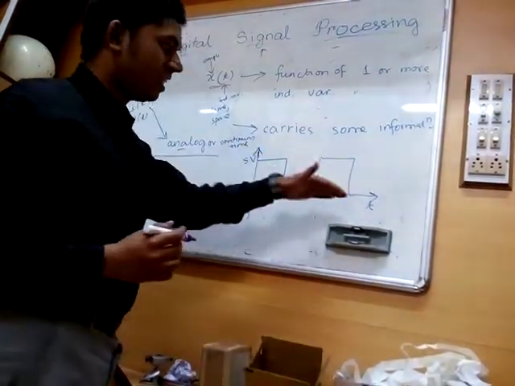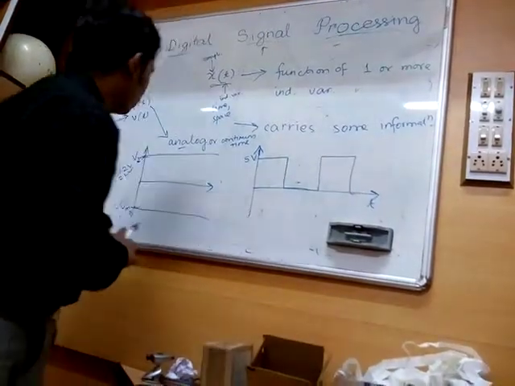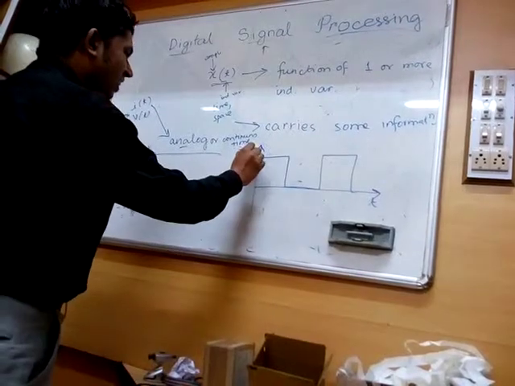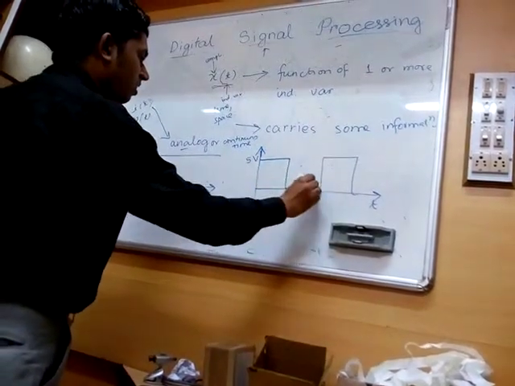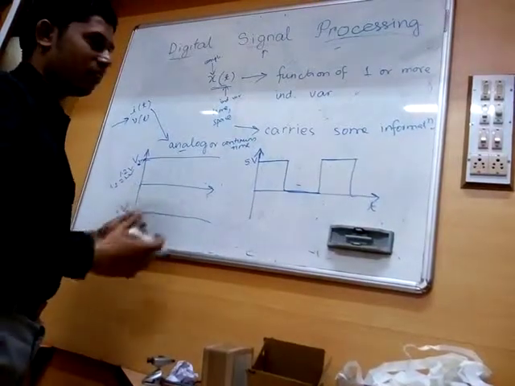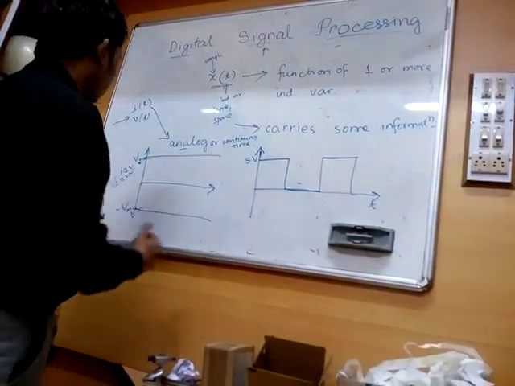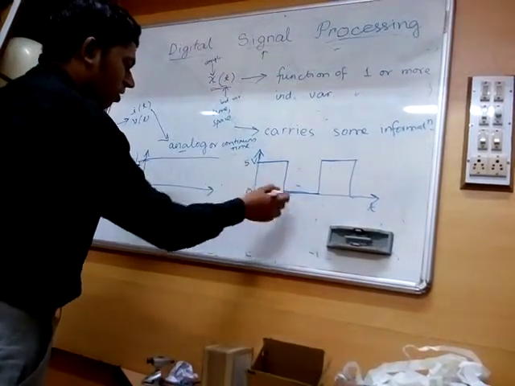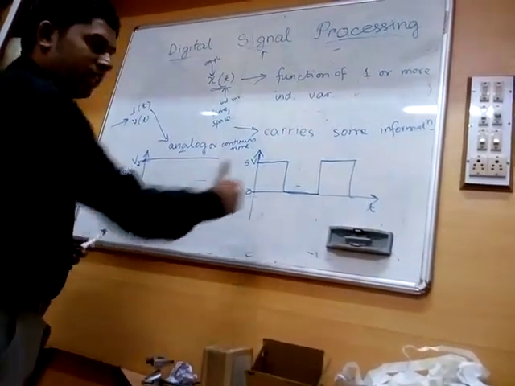So this is a continuous time signal, but we will not call it strictly an analog signal because it has strictly two levels. We can call it analog in some domains, but this is not strictly an analog signal. It has only two voltage levels, 5 volt or 0 volt. So it is a continuous time signal.